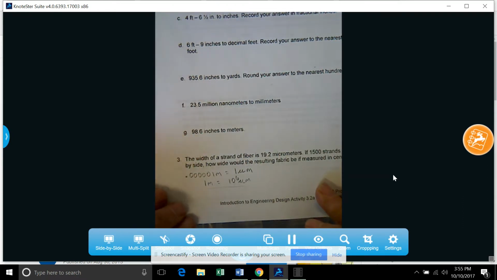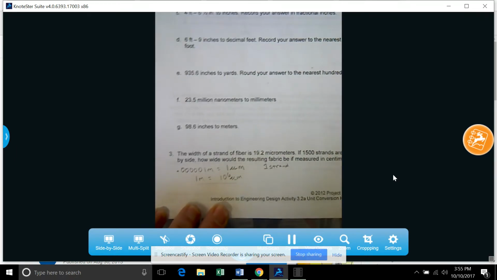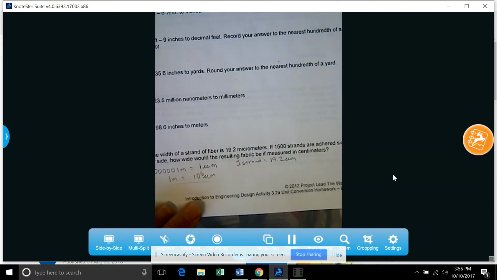The other information then we're looking at is, what do we know? We know that we have each strand, so the other relationship is one strand is equal to 19.2 micrometers in length. So again, I'm putting the puzzle together.